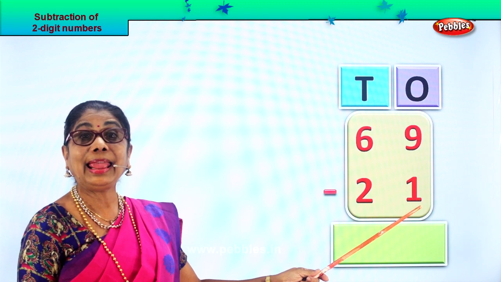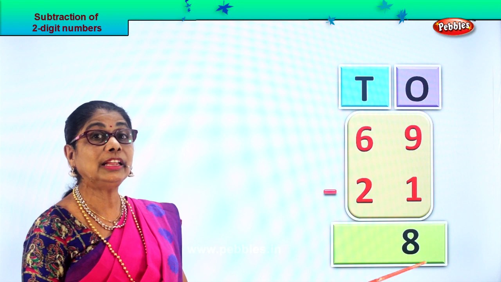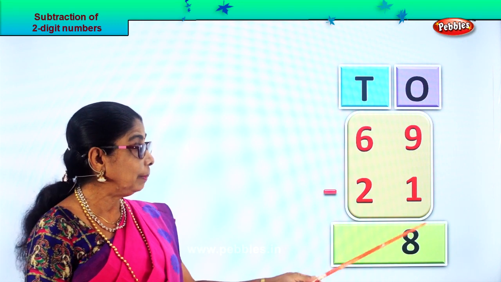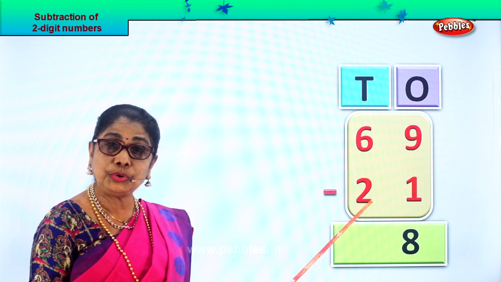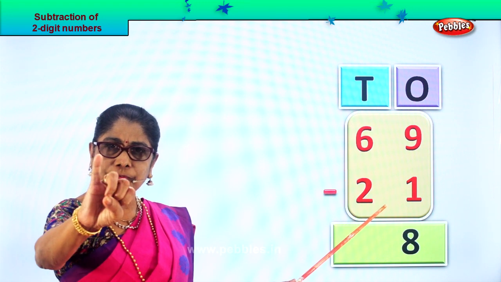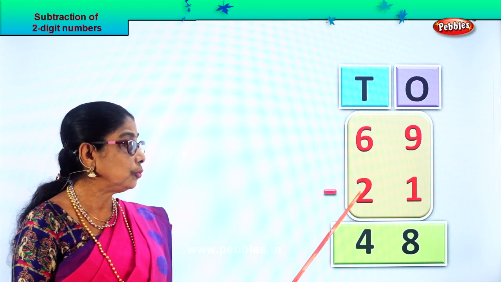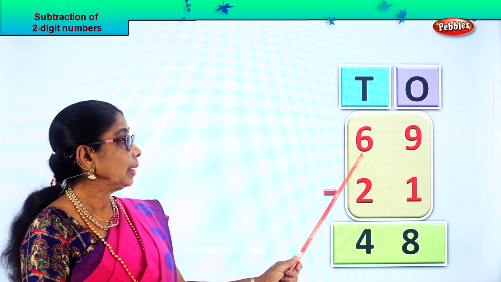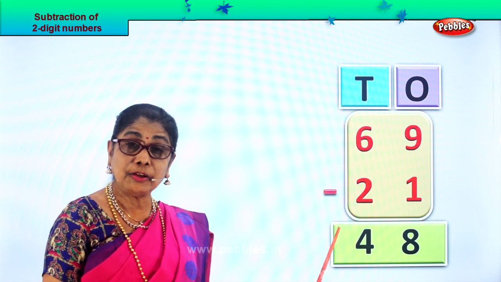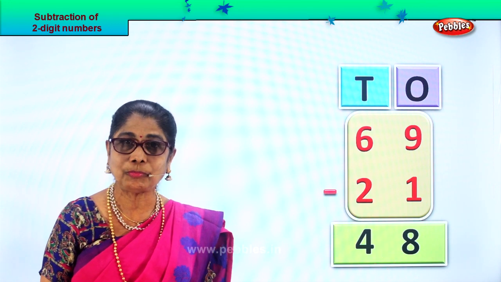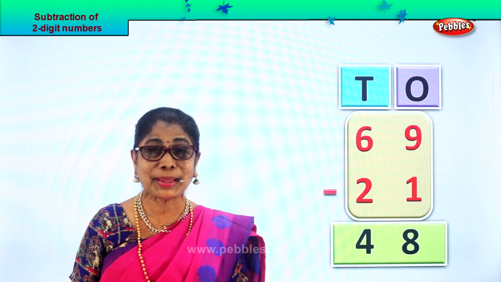How many is that? 8. 9 take away 1 gives you 8. 8 plus 1 is 9. Good. Here you have 6 take away 2: 2, 3, 4, 5, 6. 4. 6 minus 2 is 4. 69 take away 21 gives you the answer 4 tens, 8 ones, 48.